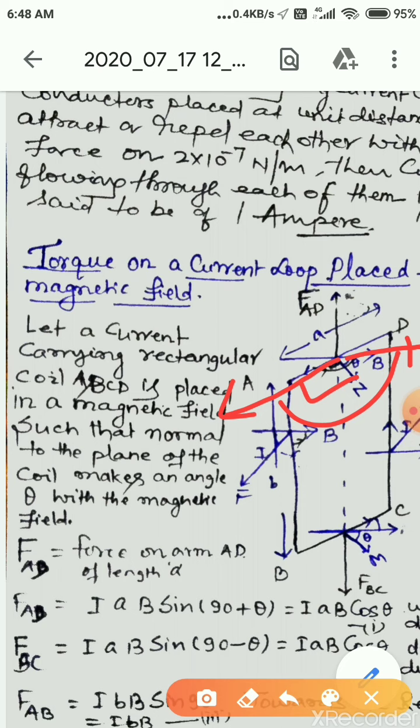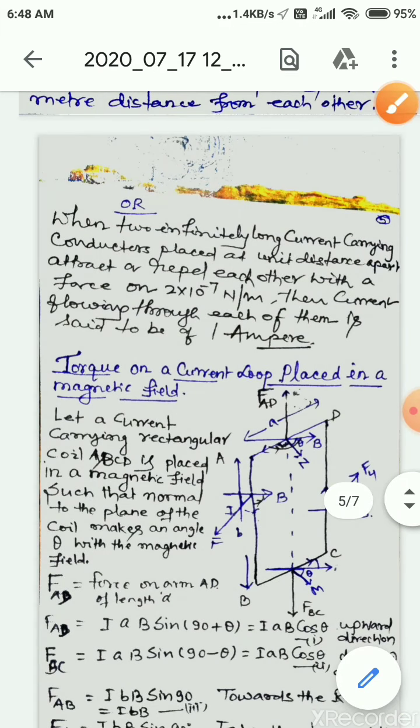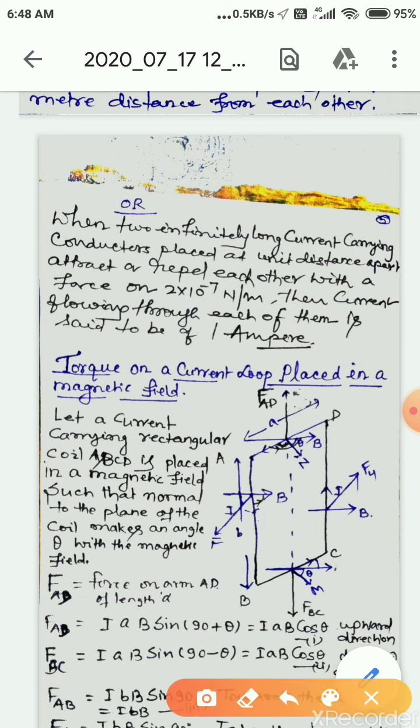Sin of 90 plus theta is cos theta. So the force is I a B sin(90 plus theta), which is equal to I a B cos theta, and its direction is in the upward direction.